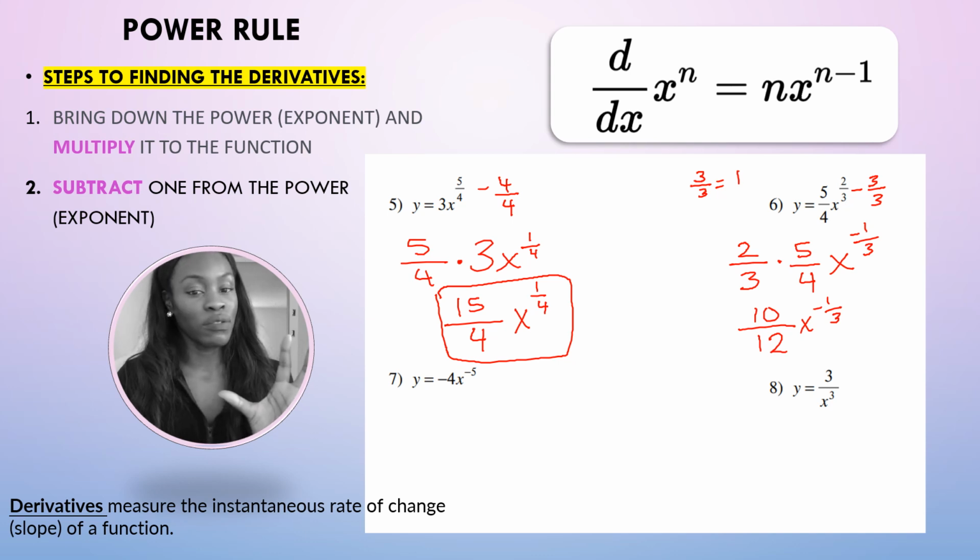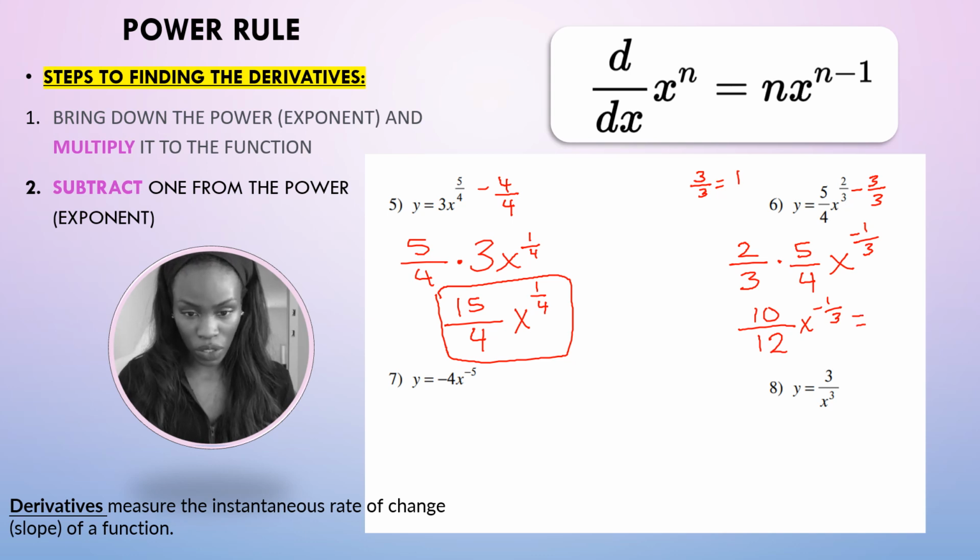Now, we can simplify this. We can make that exponent a positive. And to make that exponent a positive, we're going to bring it down to the denominator. So I'm going to just show you what it will look like simplified. So 2 goes into 10 and 12. So that will get us 5/6, right?